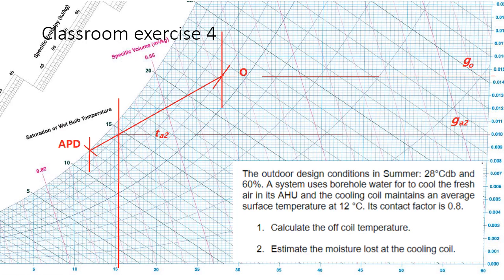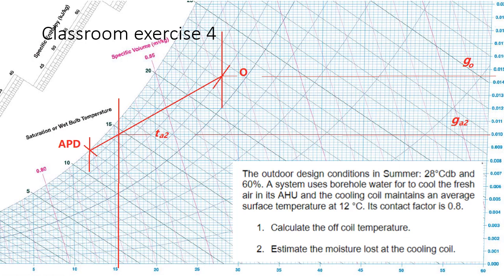So we calculate from contact factor, the temperature is 15.5 dry bulb, and then the moisture content will be here. So the moisture content will be 0.0102, okay, 0.0102 here. Now 0.01 kilogram vapor per kilogram dry air. This is the moisture content.